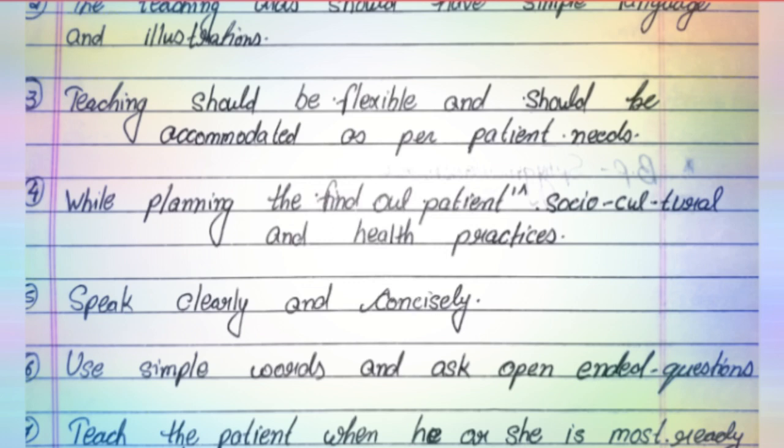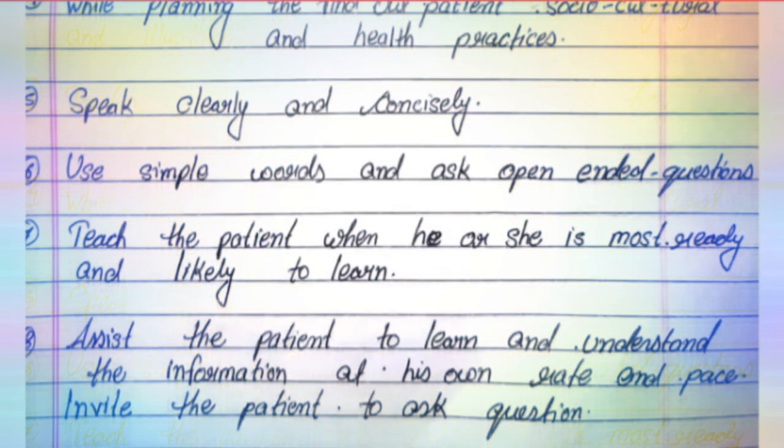And the fourth one is while planning, find out the patient's socio-cultural and health practices. And the fifth one is speak clearly. Sixth one is use simple words and ask open-ended questions.